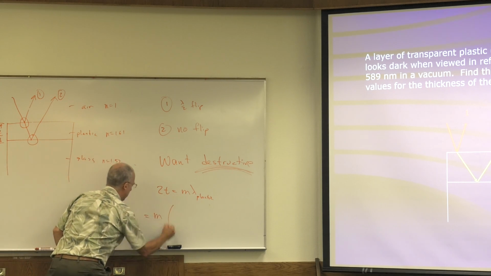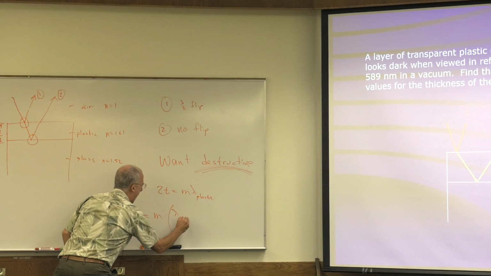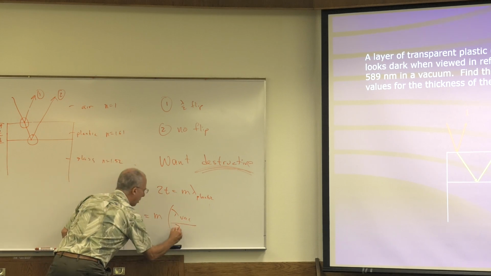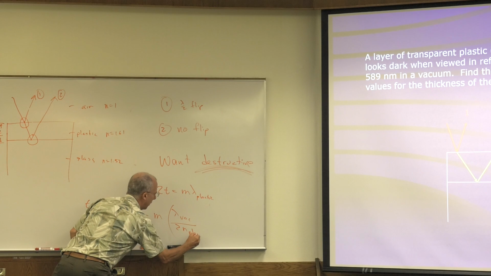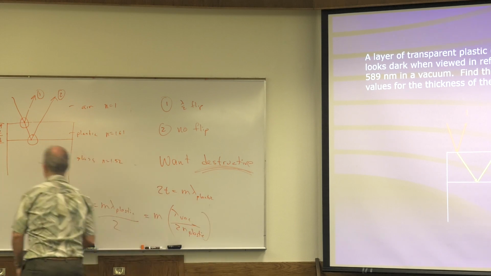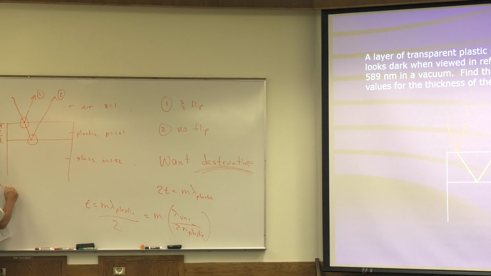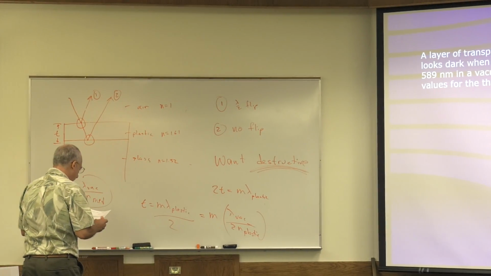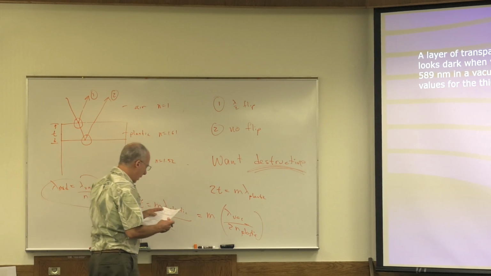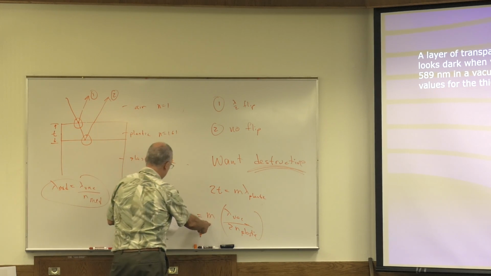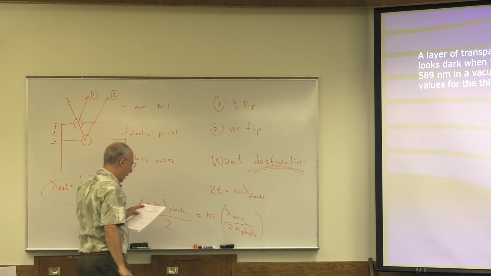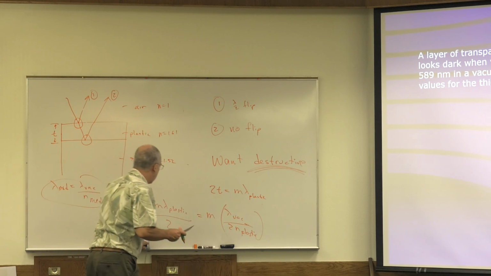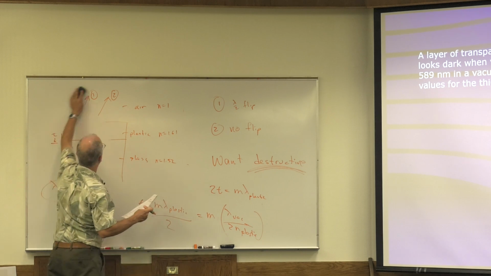Lambda plastic is lambda vac divided by n plastic, because remember, lambda medium equals lambda vac over n medium. We use it a lot. All right, so there's the equation. So we have thickness equals m lambda vac over 2 n plastic. All right, so now let's just plug in the numbers.